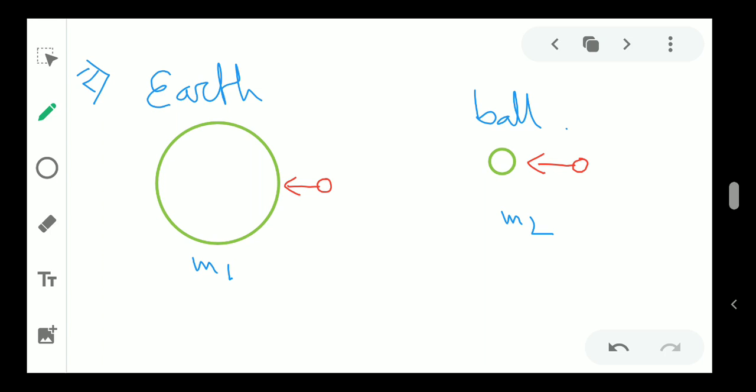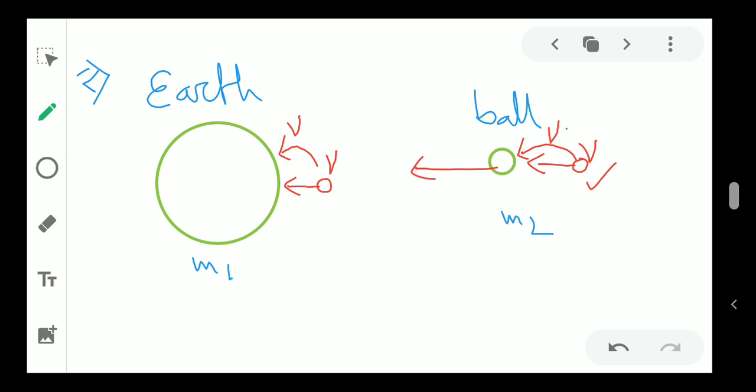That means if the ball was coming with v velocity, the ball has transferred to the earth the same amount of velocity, that is v. In the next case, this ball again was coming with velocity v, and now it has transferred the full velocity v to another ball. We can see that this ball will have some influence from this ball and it will move.